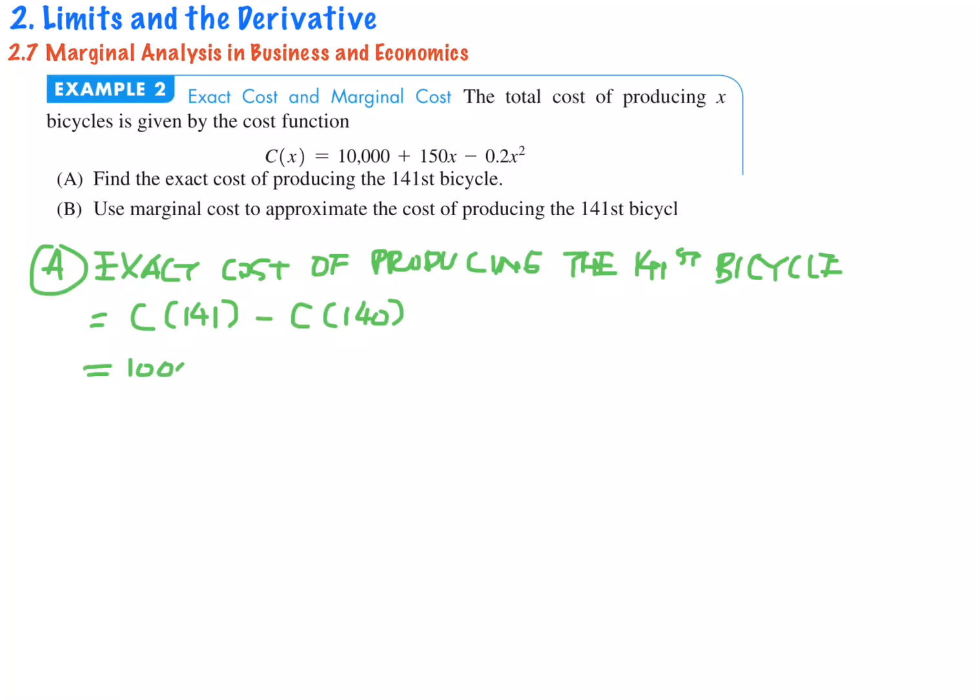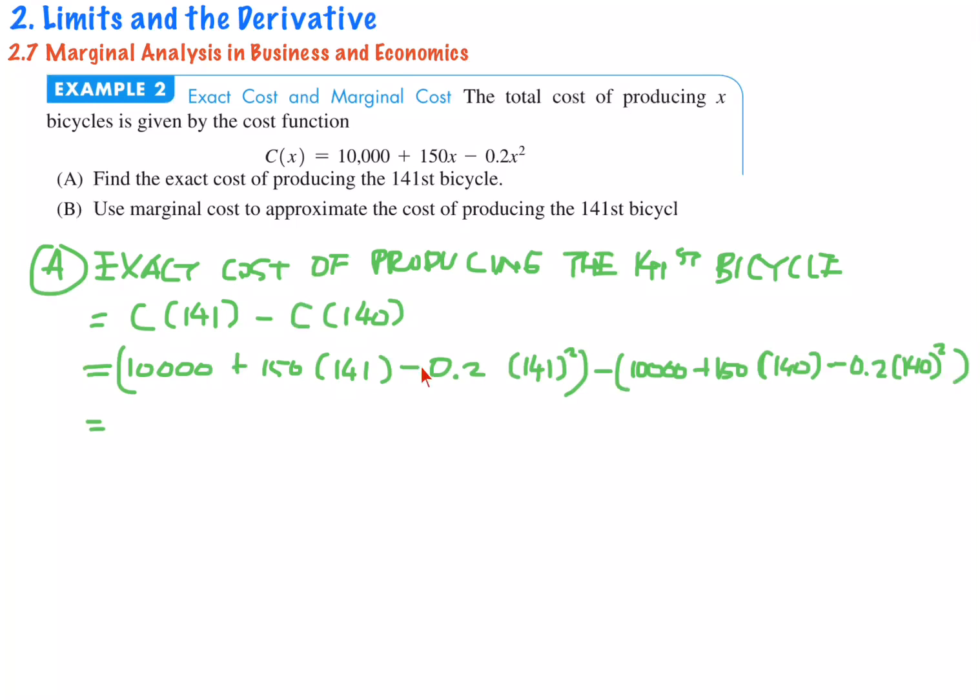That will be equal to C of 141 subtract C of 140. So that will be 10,000 plus 150 times 141 minus 0.2 times 141 squared, subtract the part for 140, which is 10,000 plus 150 times 140 minus 0.2 times 140 squared, and that will be equal to $93.80.